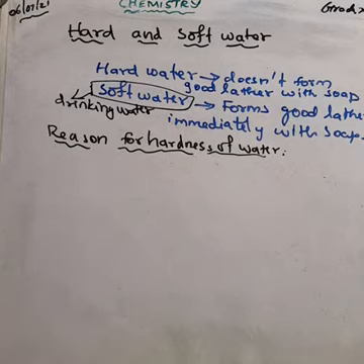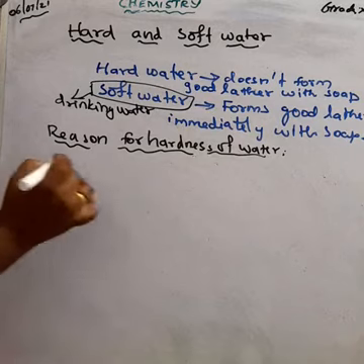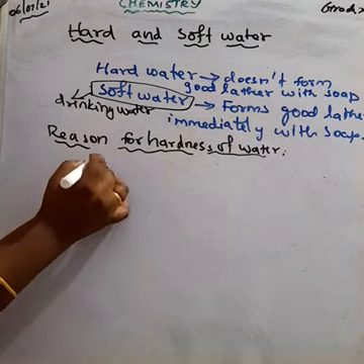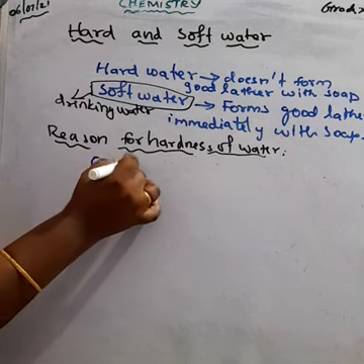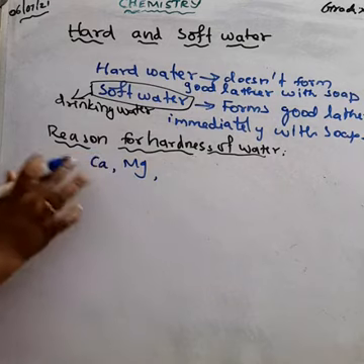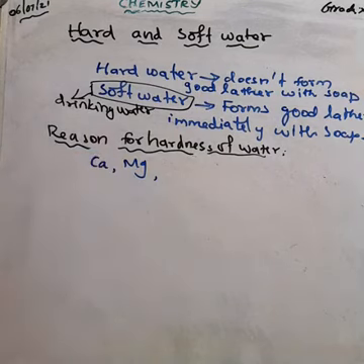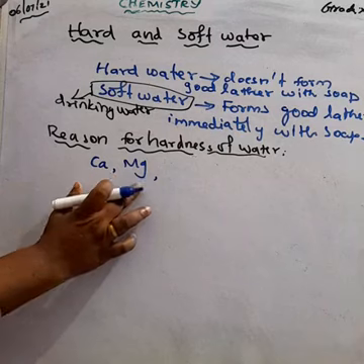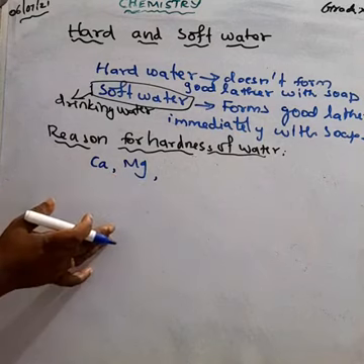Mineral ions means cations, metal ions: calcium, magnesium, and in certain areas aluminium, and magnesium in trace amounts. In certain areas there is lead, which is very harmful to our body. These are the mineral ions, but mostly calcium bicarbonate and magnesium bicarbonate are present in water.